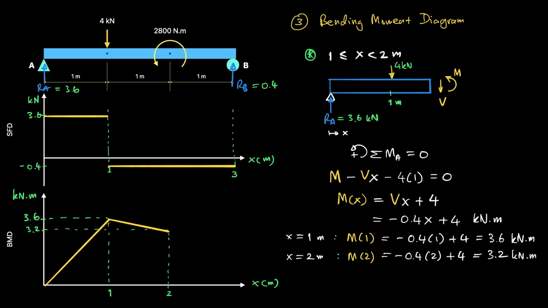The moment is about here, in the middle of this line, which is in between 3.2 and 3.6 kilonewtons meter, which is 3.4 kilonewtons meter. But if you are not sure, then you use the equation, where for x equals 1.5 meters, the moment M is minus 0.4 times 1.5 plus 4 equals 3.4 kilonewtons meter.